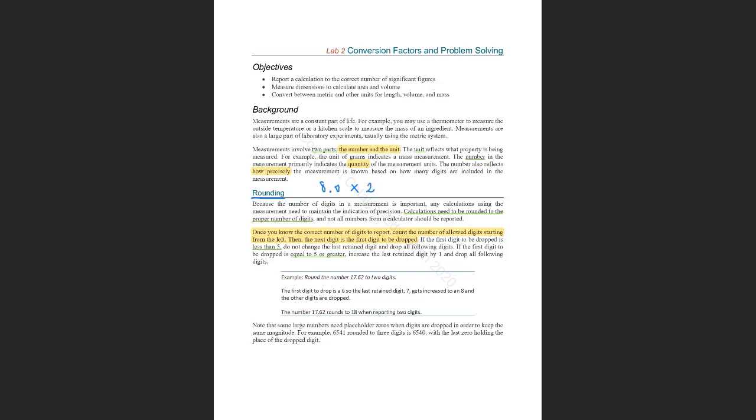First of all, you plug those numbers into your calculator. 8 times 2, 16. The calculator will tell you 16. And then, because it's multiplication, in this case, actually, let's finish that and then we'll go.